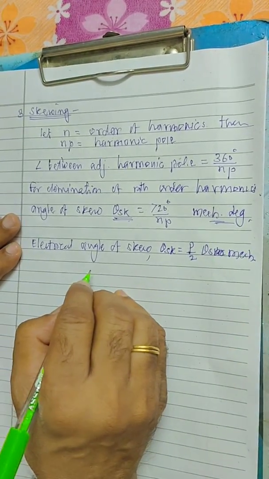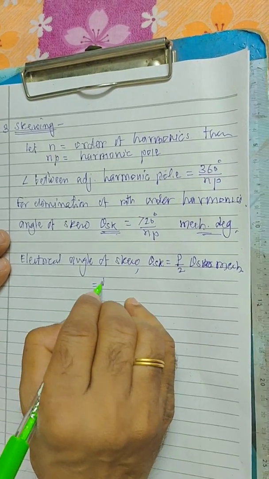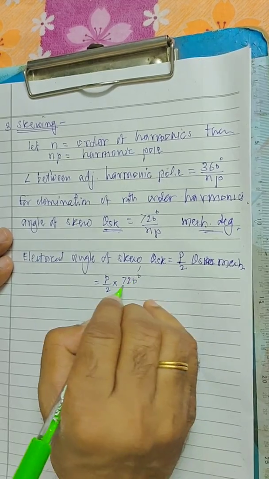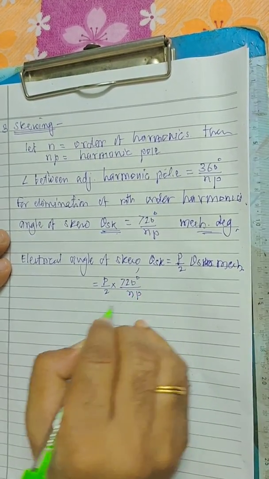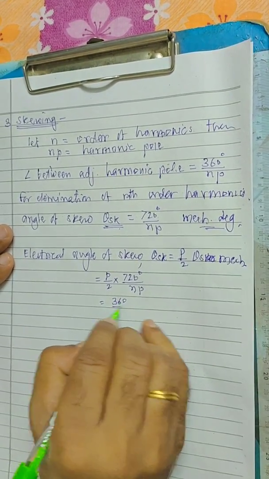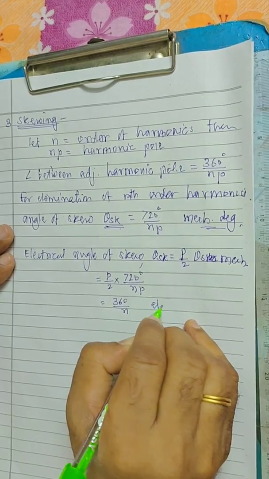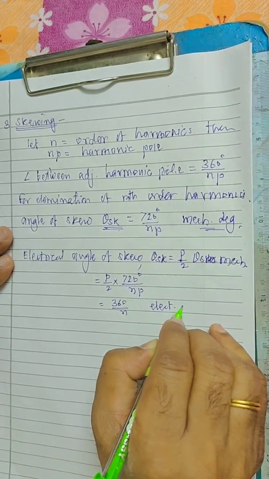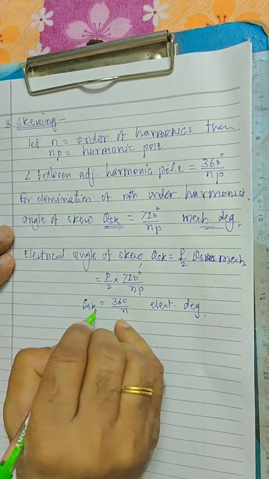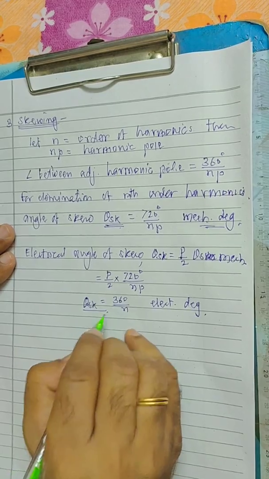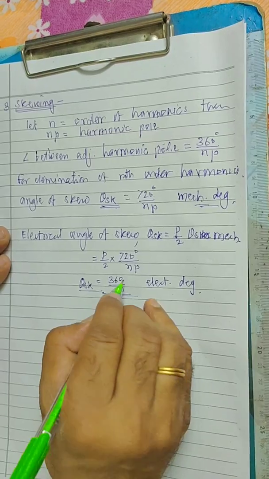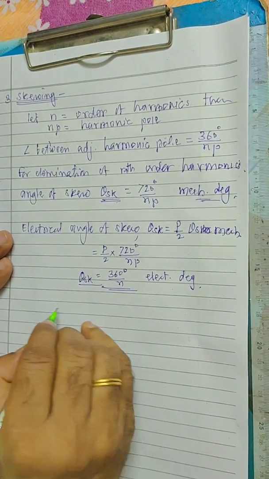So this is P by 2 into 720 upon NP, which is equal to 360 degrees upon N. This is the electrical angle, in electrical degrees. So theta sk in electrical is 360 upon N. But 360 degrees is nothing but 2 pi.